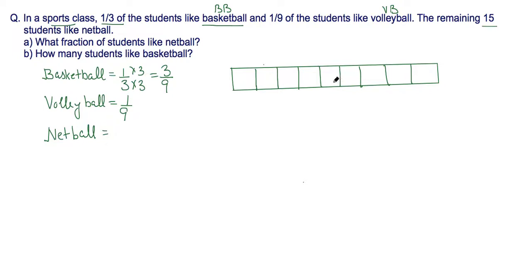Out of these 9 parts, which represent the total number of students, 3 parts represent the number of students who like basketball. Let's write BB, where BB means basketball. These 3 units are for basketball students. Only 1 unit of students like volleyball, so we write VB for volleyball students.